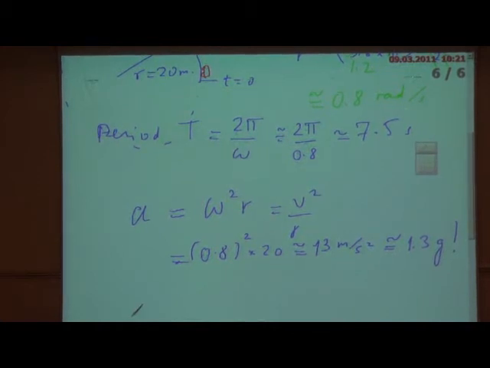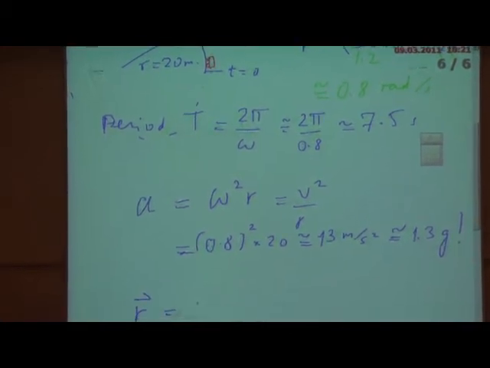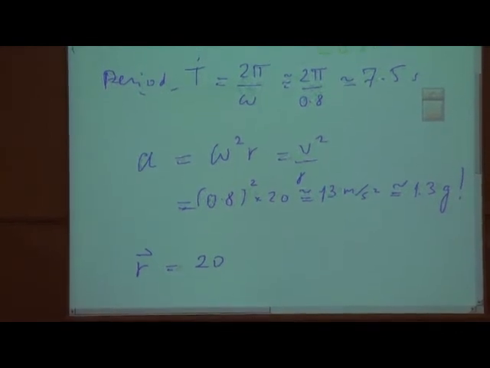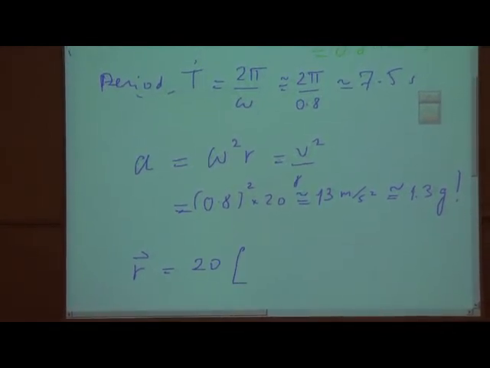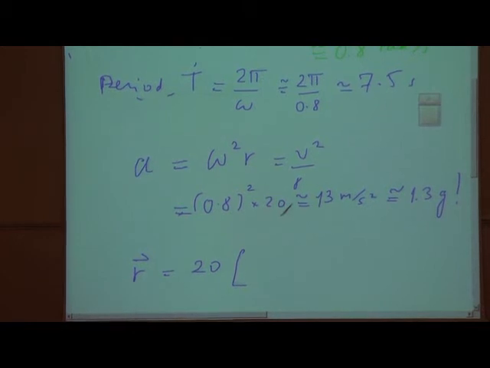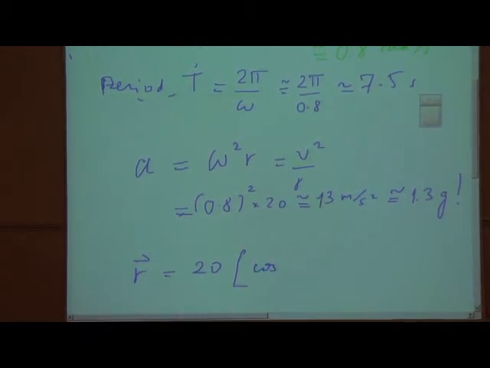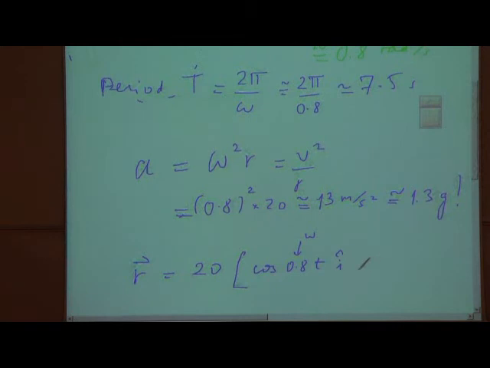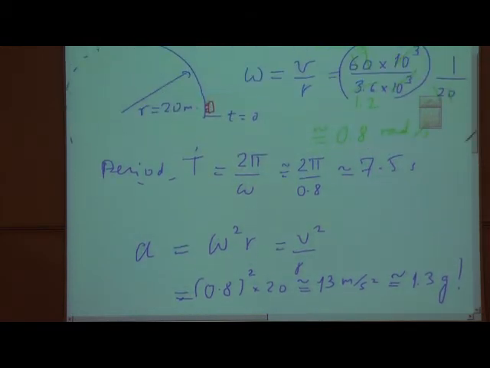Then our car's position vector r is 20 times cos omega t, so cosine of 0.8 t, remember, this is omega, in the x direction, plus sine 0.8 t in the y direction. These are the coordinates of your vector here. Okay?